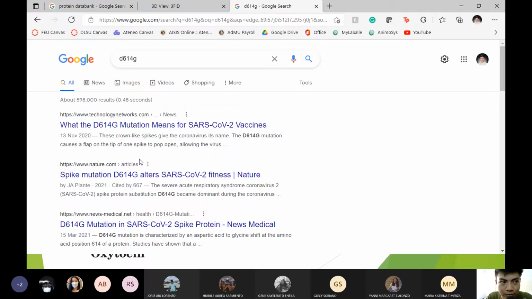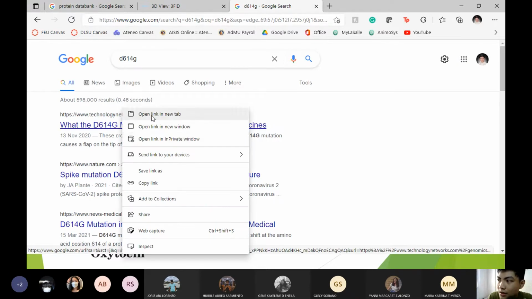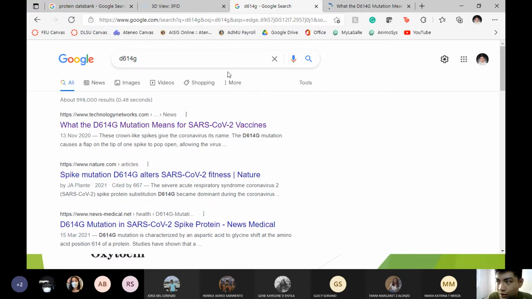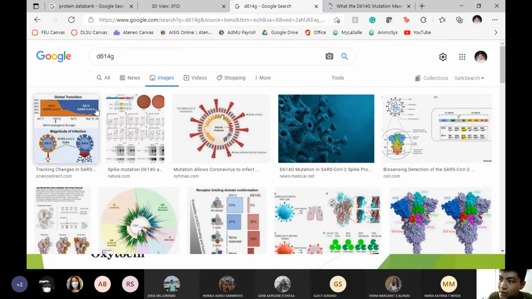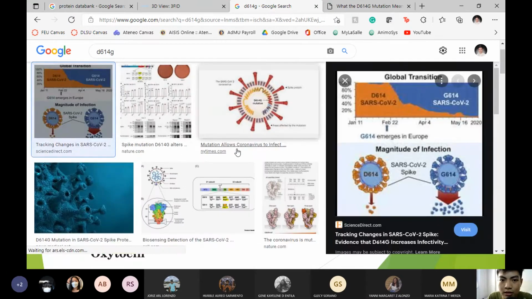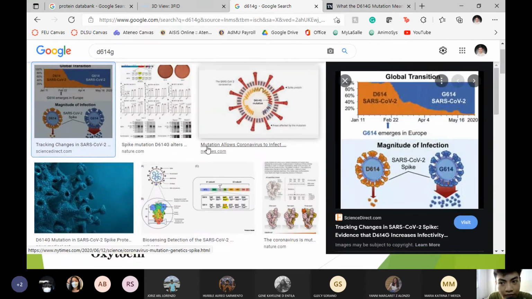So this is the only mutation that exists in the world so far. That's D614G, the first mutation of our COVID-19, wherein the 614th sequence, the D, which is the aspartic acid, was converted into G, the glycine.